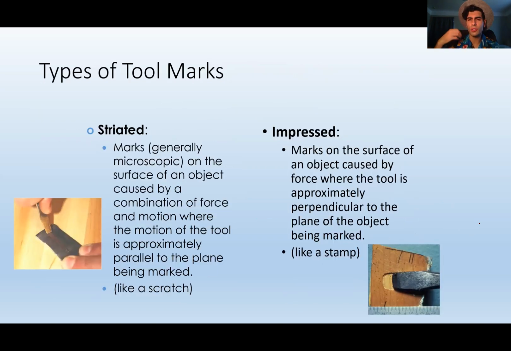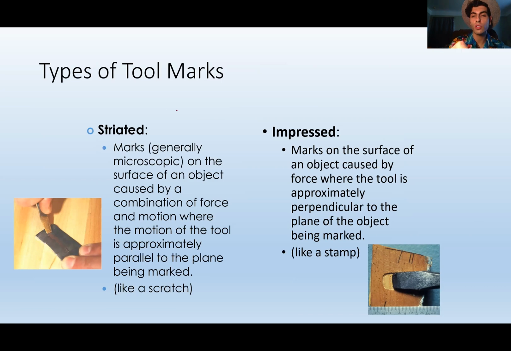So what are tool marks? I mentioned at the beginning of this video words like striations and impressions, and I didn't really explain them. A tool mark is simply a mark when you have a harder substance and a softer substance, and the harder substance, when it comes into contact with that softer substance, is going to leave some sort of impression or tool mark onto the softer of the two substances. Now, we classify two different types in this class.